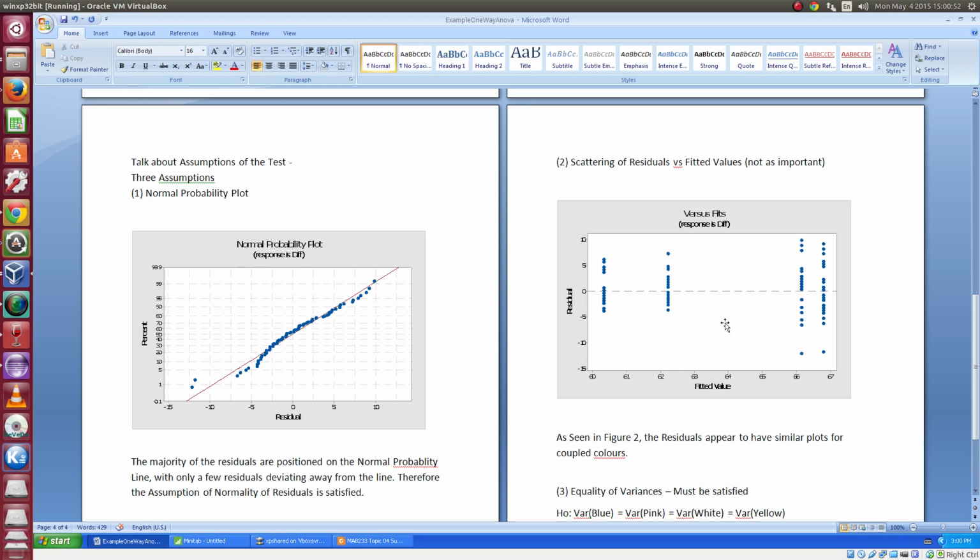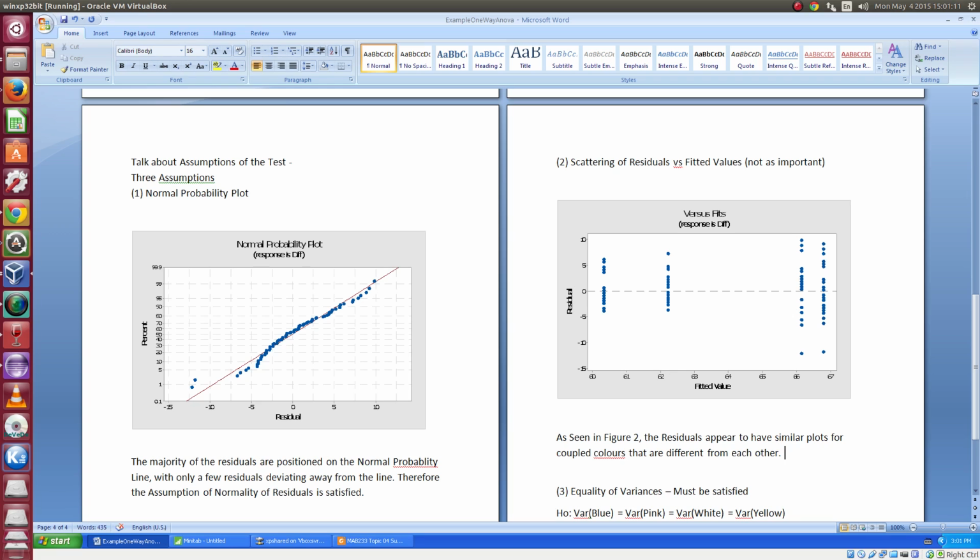So what I mean by that is this is a couple and this is a couple for coupled colors. As a result, the assumption of equal... actually, I should include: residuals have similar plots for coupled colors that are different from each other.